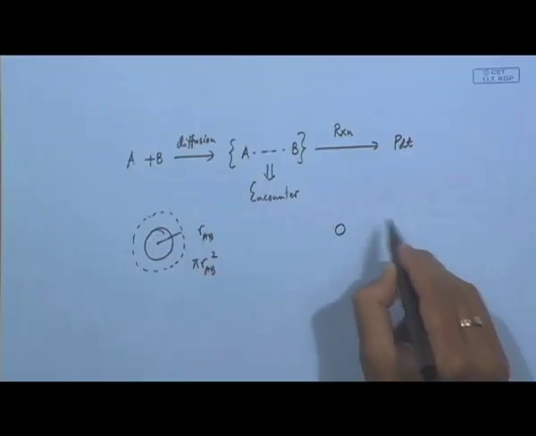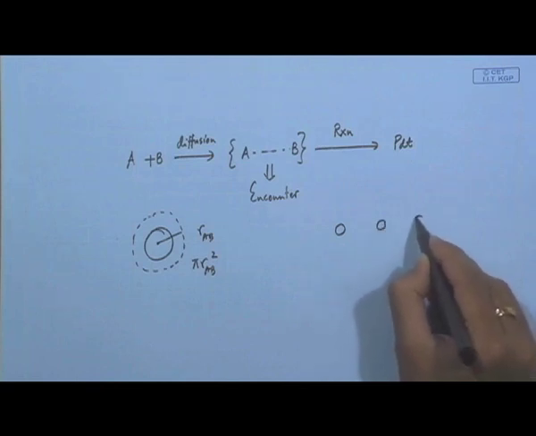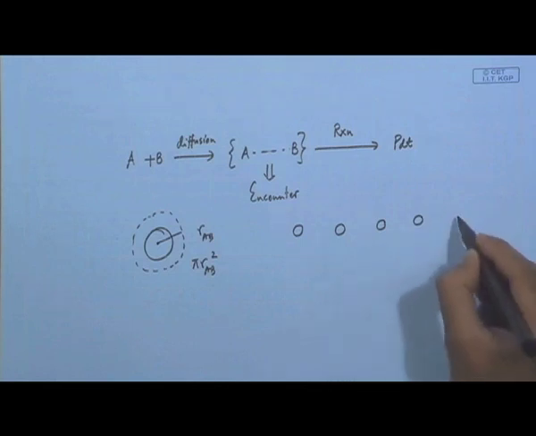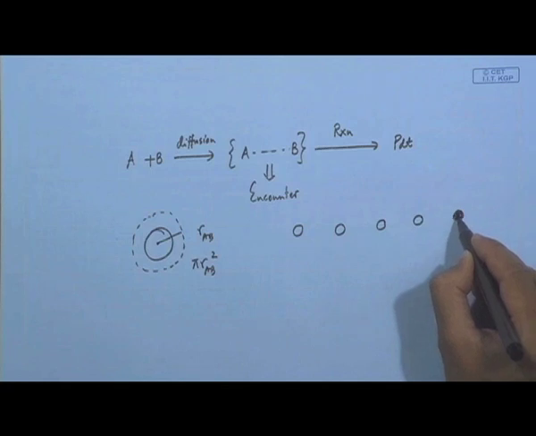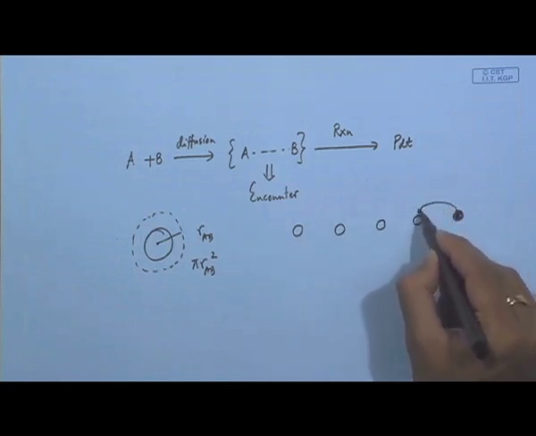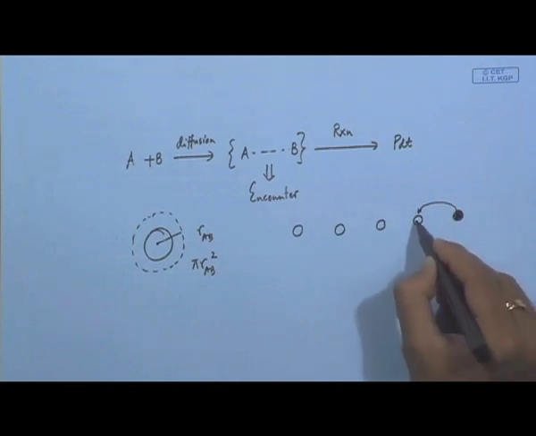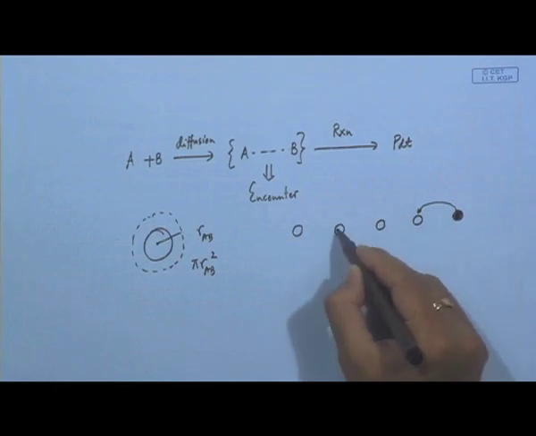If there is no barrier, the only barrier is the diffusion barrier. Diffusion can be regarded as, say, you have got several holes within a liquid, and your molecule or entity has to be transported from here to here. What do you require? You have to jump, putting this over here, therefore this position will be vacant and this position will be occupied. Again this will jump from here, this way.